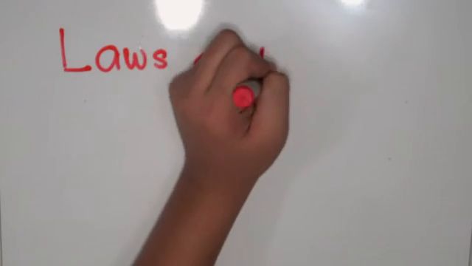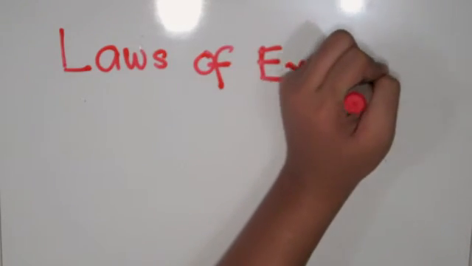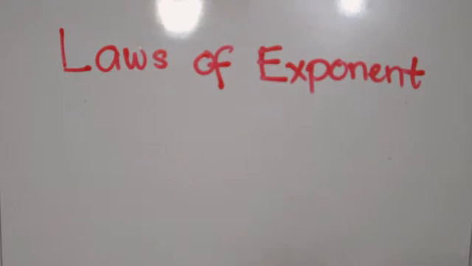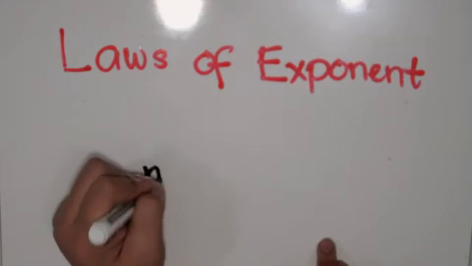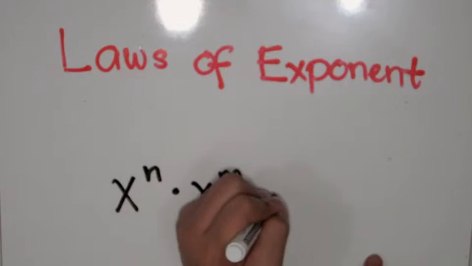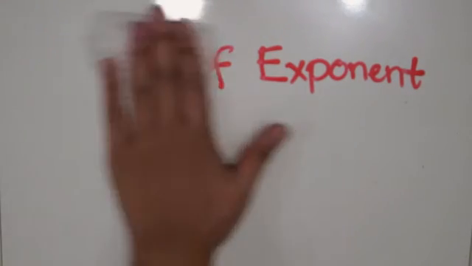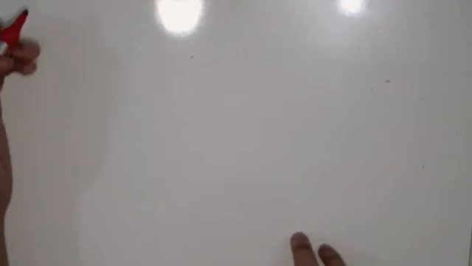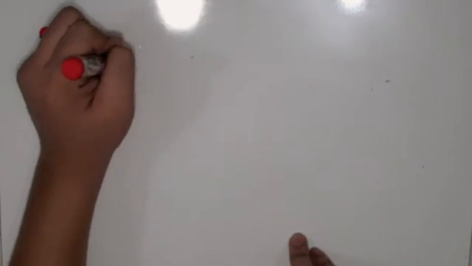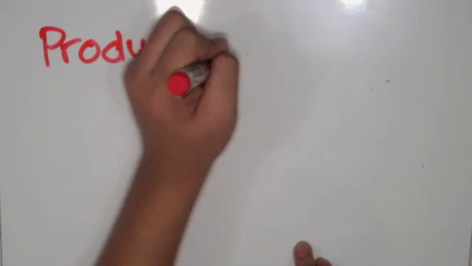Let's move on to the laws of exponents. x raised to n times x raised to m equals x raised to n plus m. Now we'll see the product of powers.